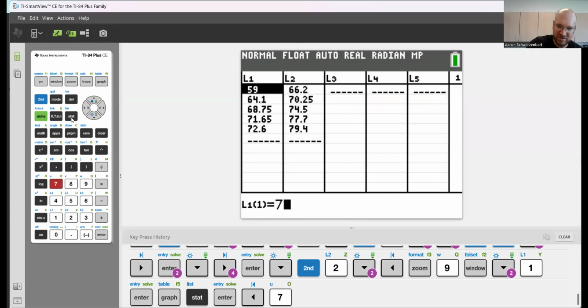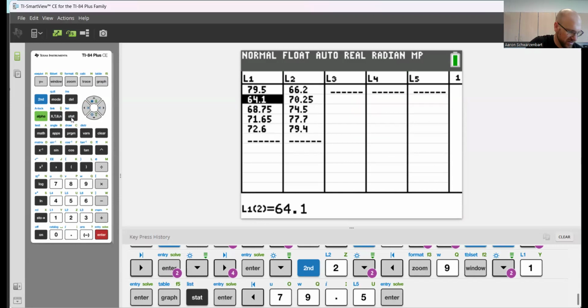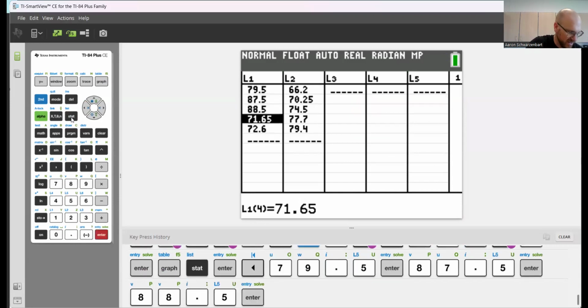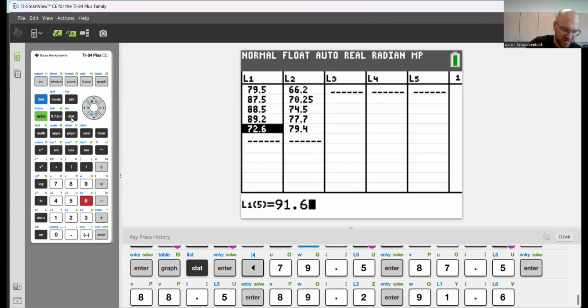I'm just going to do it, going across the table in example 10. So I enter it. I didn't bother clearing because I know I've got way more data than that.